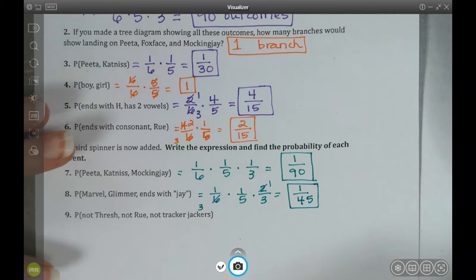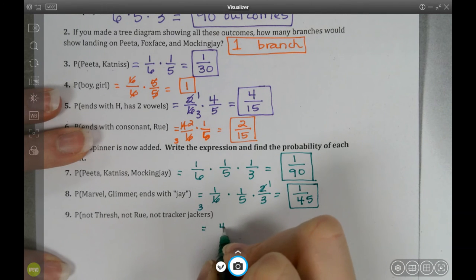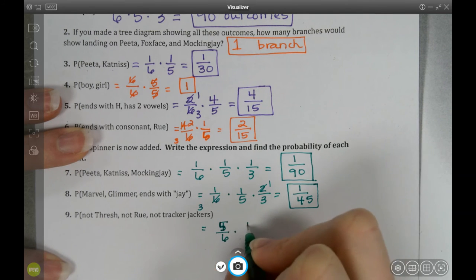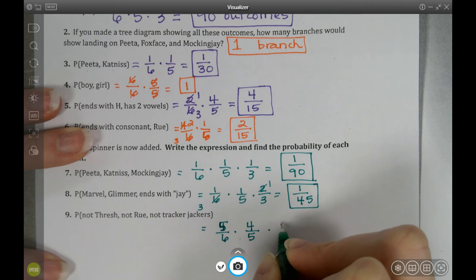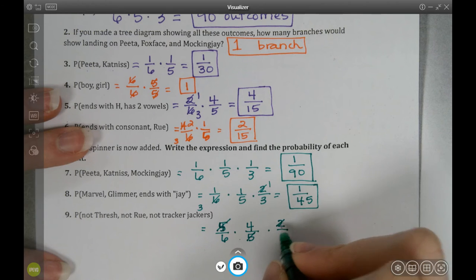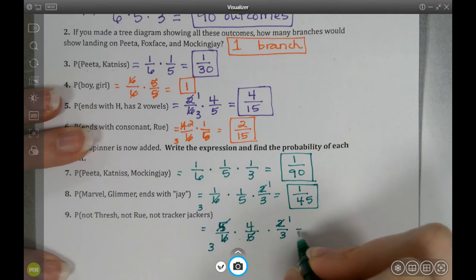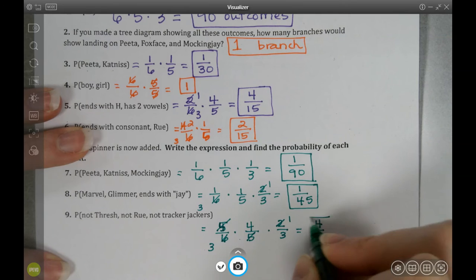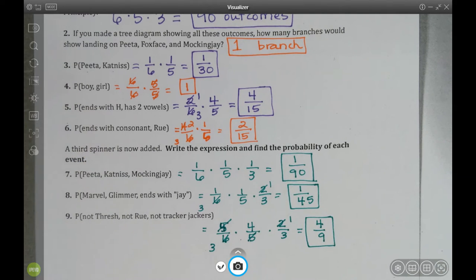Okay, go ahead and compare with your neighbor. Number 8.